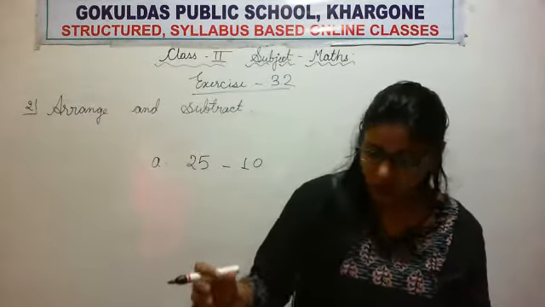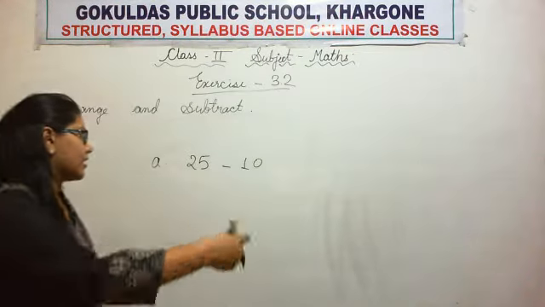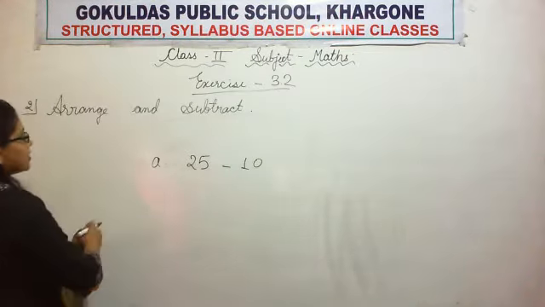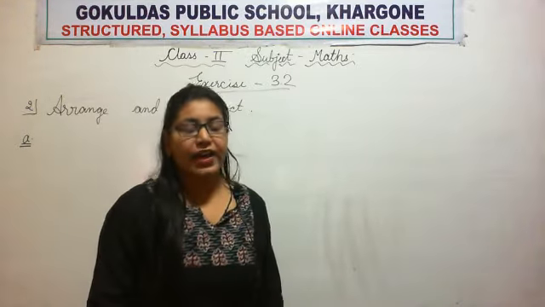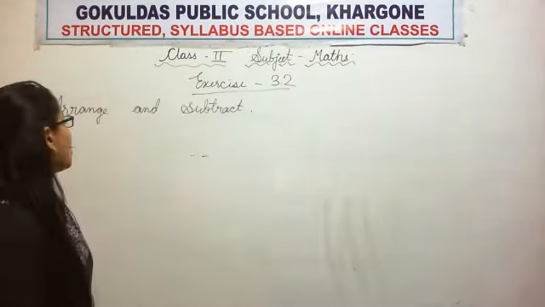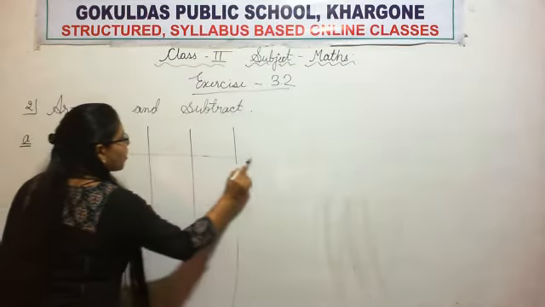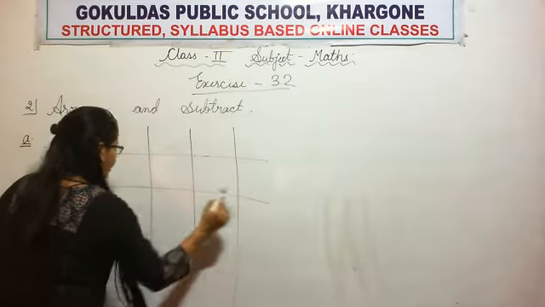Okay, so let's try some questions. Let's start with part A, that is 65 minus 23. One more thing. Suppose this is your box copy.